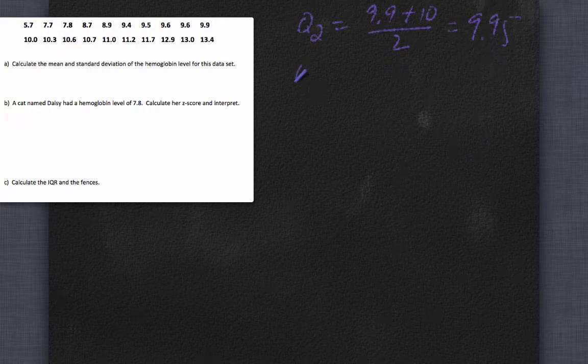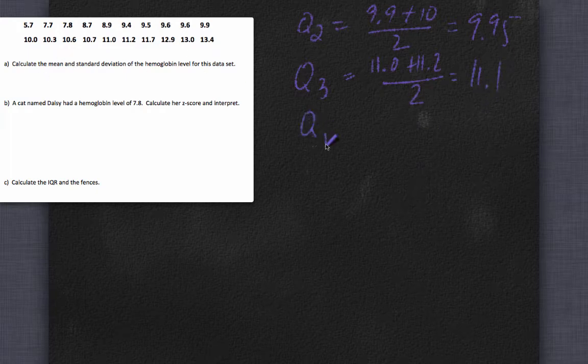And then Q3, since there are 10 of these, that means there will be 5 on either side. So once again, it's in the middle. So we count from the edges, basically, in. And it's between these two. So it's going to be 11.0 plus 11.2 over 2. And Q1 will be between these two.